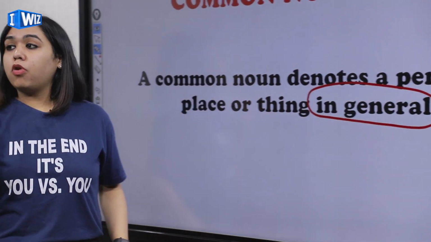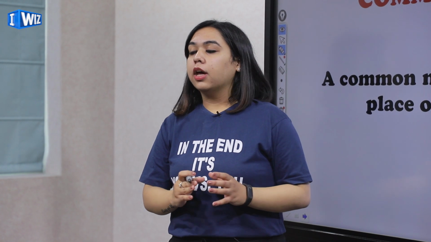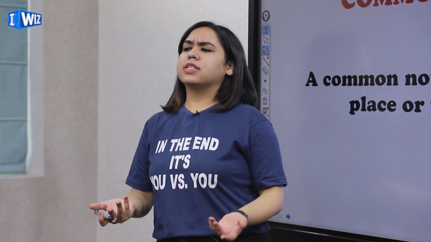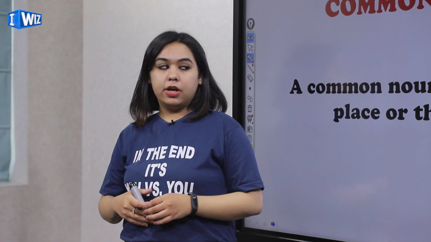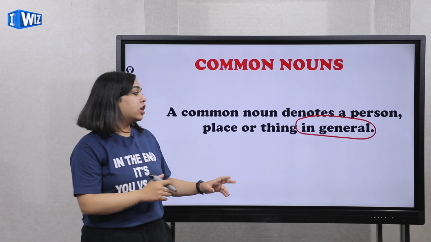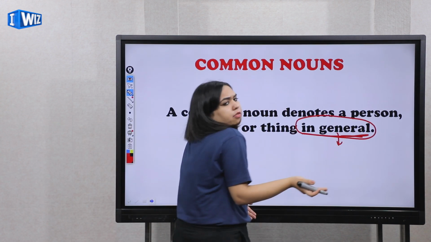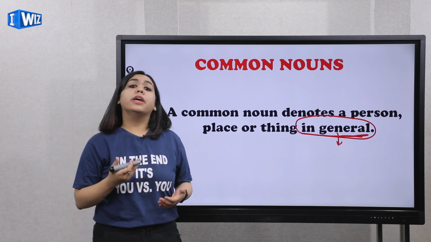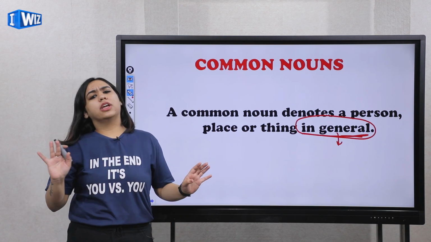If you remember, in proper nouns I focused on a particular thing. For example, you're saying I'm going somewhere, but if you name that place, I'm going to Delhi, that will be a proper noun. That was in particular, proper nouns. But common nouns are always in general. For example, you are not specifying where you are going or which place you are going to visit. So you are just talking in general.